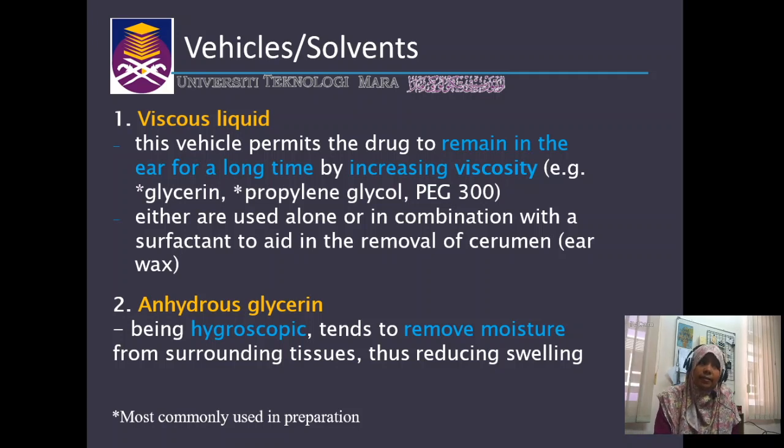For example, glycerin, propylene glycol, and also polyethylene glycol 300. Either are used alone or in combination with a surfactant to aid in the removal of cerumen. So if you have a build-up of wax inside your ear, then you can use this one. Anhydrous glycerin, being hygroscopic, tends to remove moisture from surrounding tissue, thus reducing swelling.